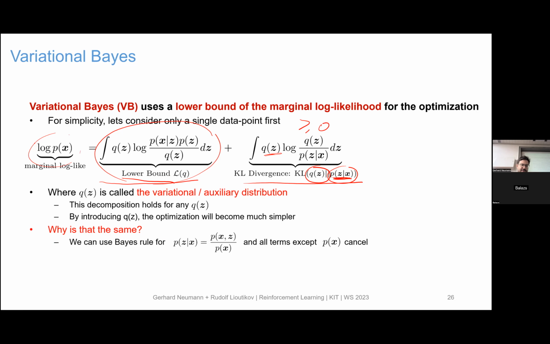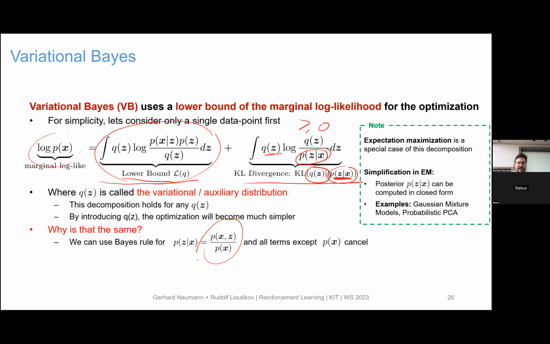But in principle, what you can also quite easily verify is that if for this distribution we set in the posterior distribution p of z given x, and use Bayes rule, we will see that everything cancels out and just the log p of x remains. So it is really always the same.